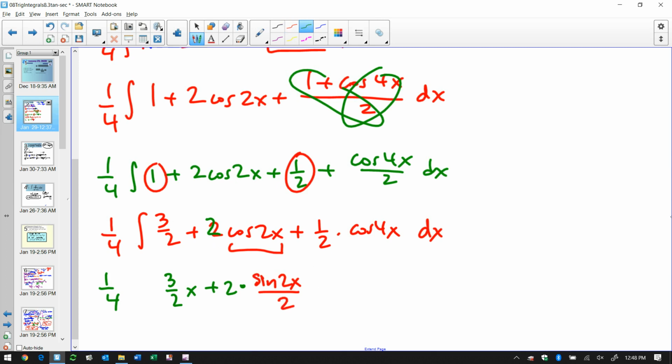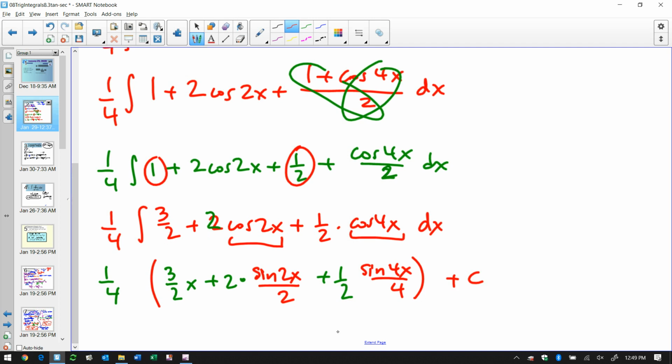I also have this 1/2 here, which is basically a scalar. This would be times, plus 1/2. And the integral of cosine 4x is actually sine 4x divided by 4. Right, all of this is in parentheses because it's the integral of all of this times 1/4. All right, and then I just need to add C at the end.